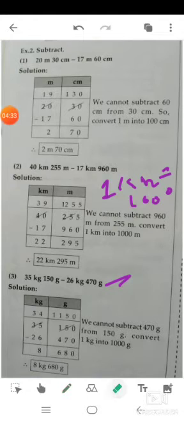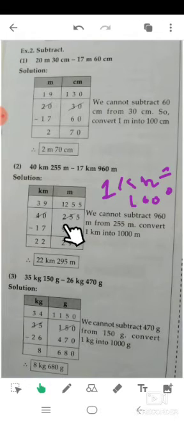So what happens here? See, here is 255. We can't subtract 960 from 255 because 255 is less than 960. So 1 kilometer is given to the meters. 1 kilometer is equal to how much meter? 1000 meter.